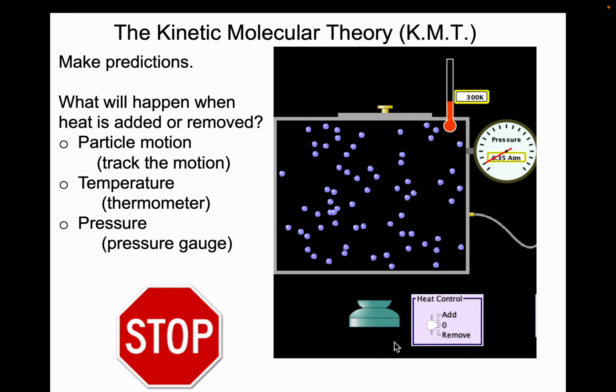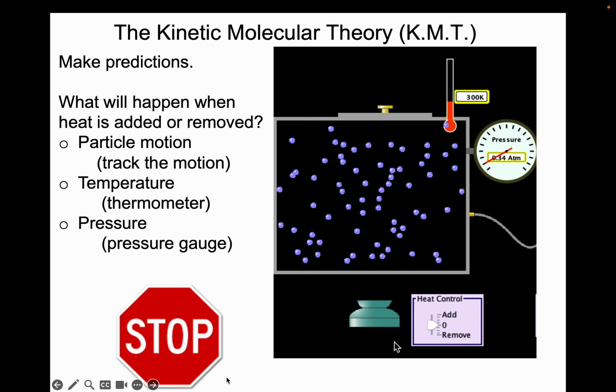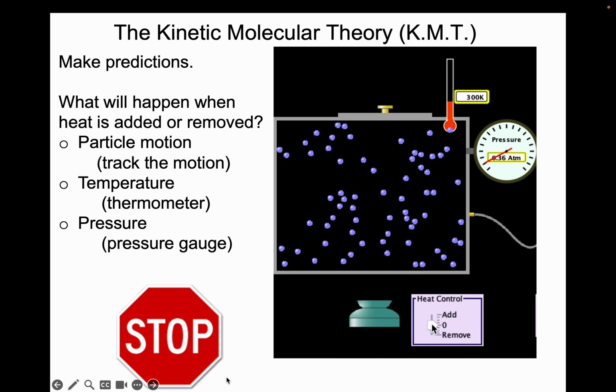I'd like you to make some predictions here. What will happen when we have our gas particles in the chamber and heat is added or removed? What will happen to the particle motion, the temperature, and the pressure gauge? Take a second, share your predictions. Here we have our particles moving around.